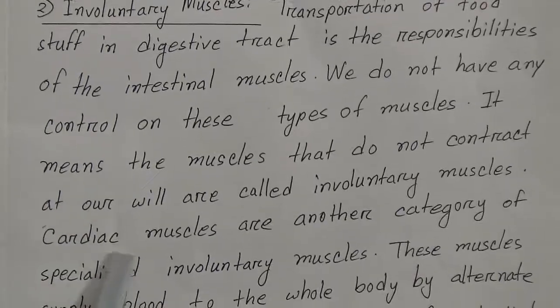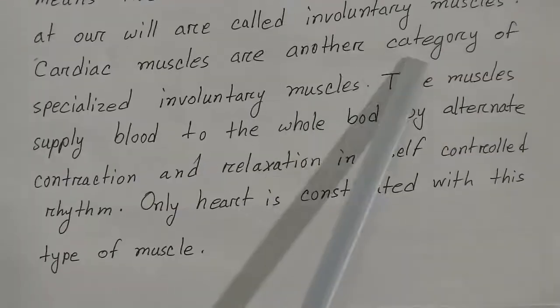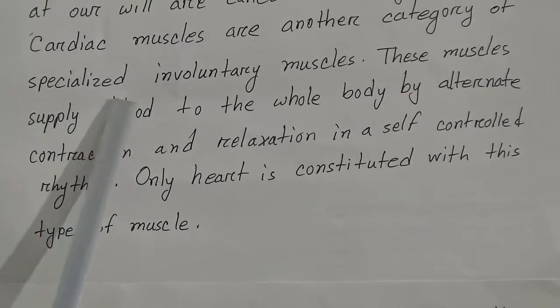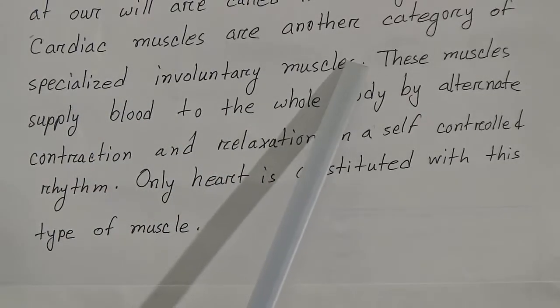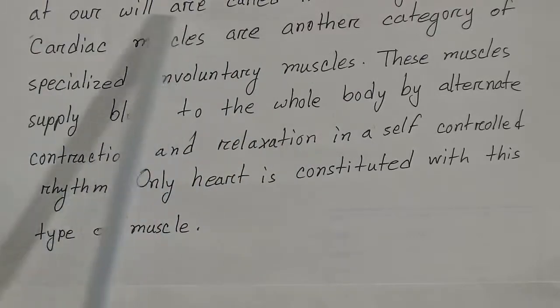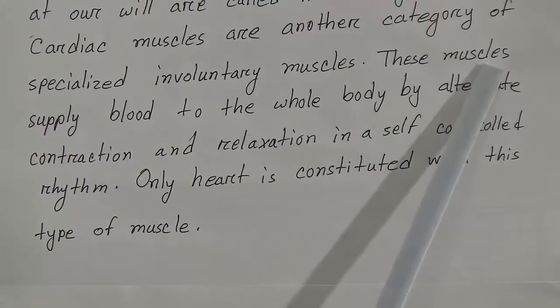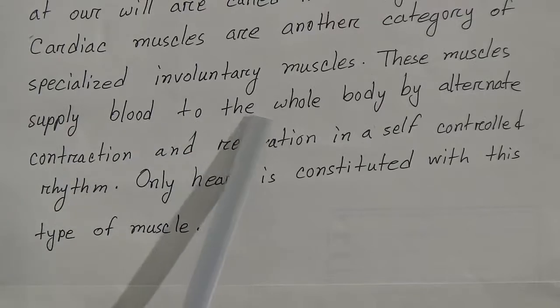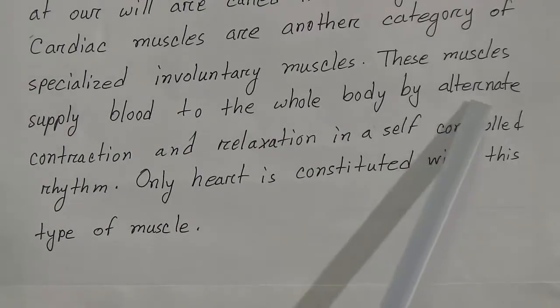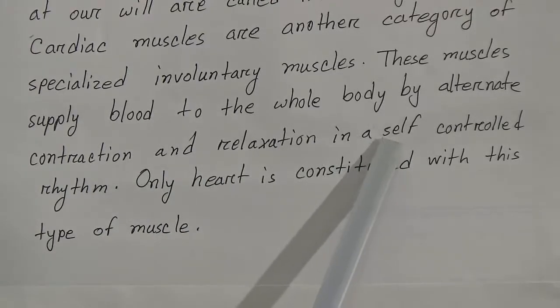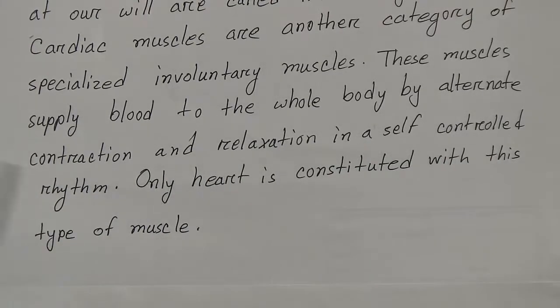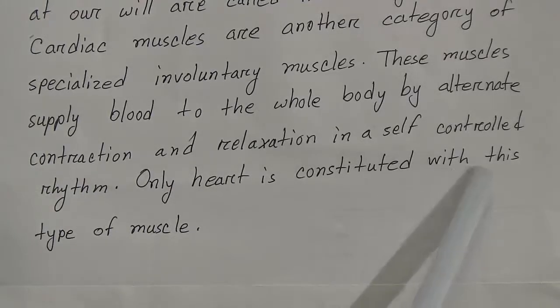Cardiac muscles are another category of specialized involuntary muscles. Our heart is made of cardiac muscles. These muscles supply blood to the whole body by alternate contraction and relaxation in a self-controlled rhythm. Only the heart is constituted with this type of muscle.